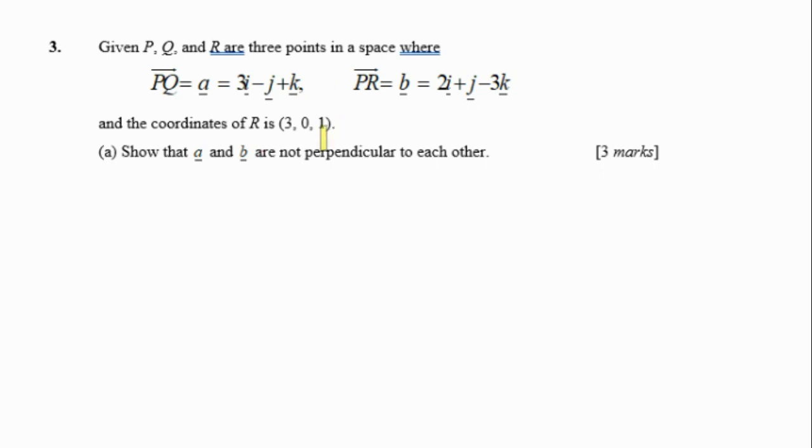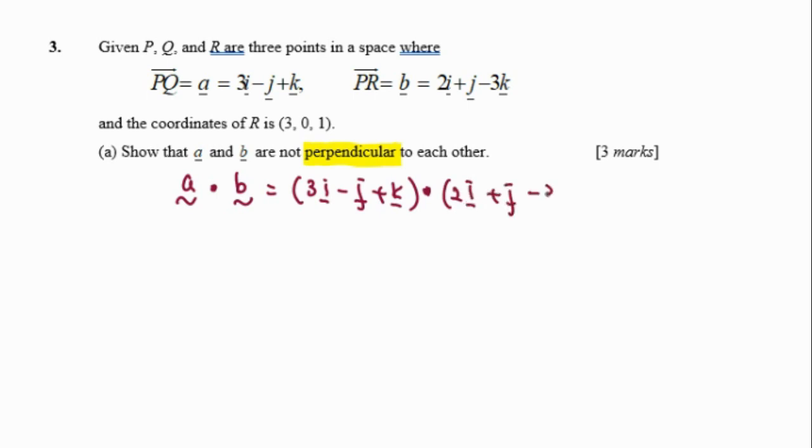So when we're talking about perpendicular, you are testing on the dot product. You will take the vector A dot with vector B, which will equal 3i minus j plus k dot with 2i plus j minus k. So how are we going to dot?